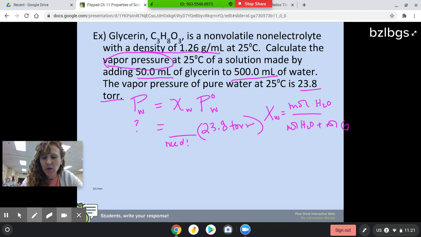Do you guys know the density of water at STP? It's 1 gram per milliliter. You have to know that in order to do this problem.